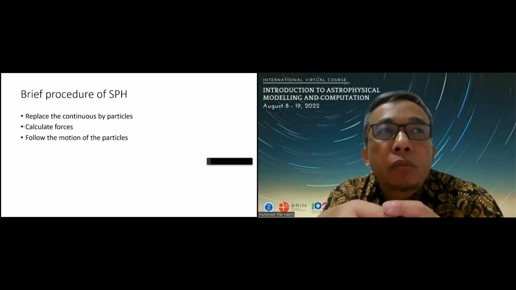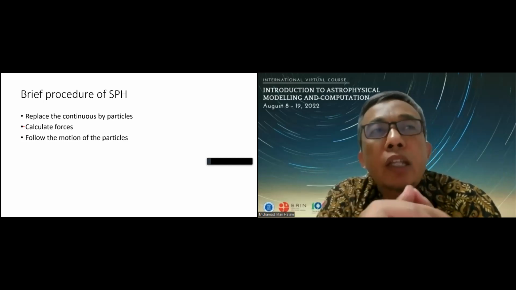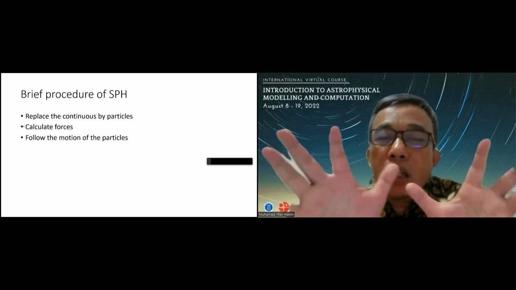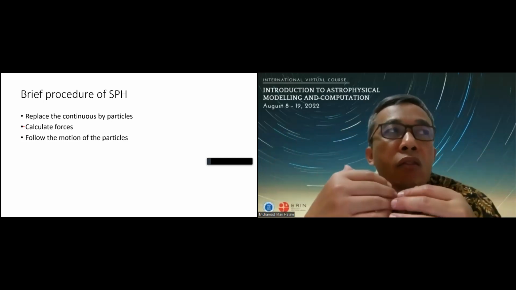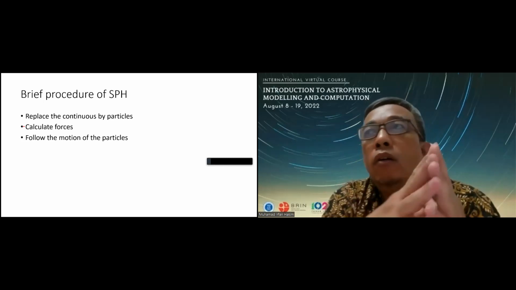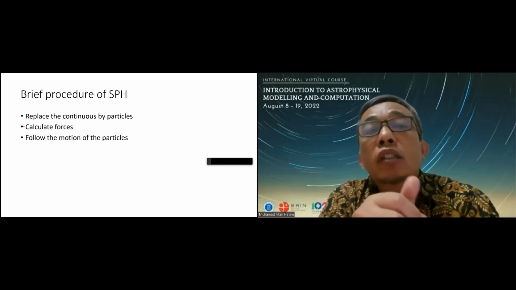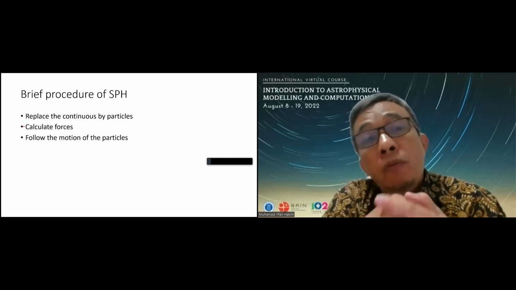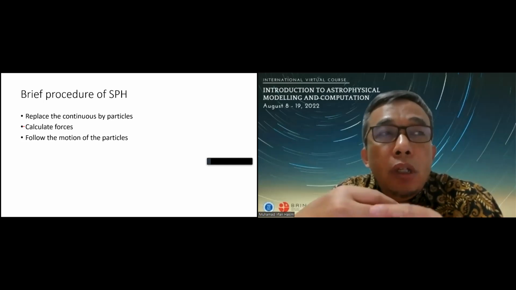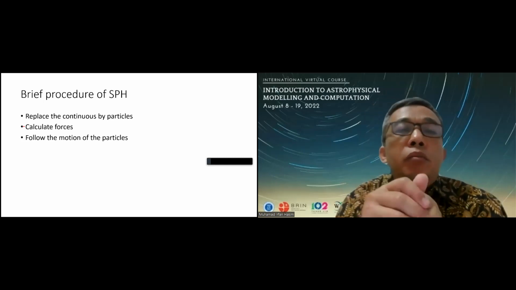In SPH, we assume that we don't have to see the continuous as consisting of infinite nodes, infinite functions describing the problems, the astrophysical problems, for example. It was sufficient to replace the continuous by particles.